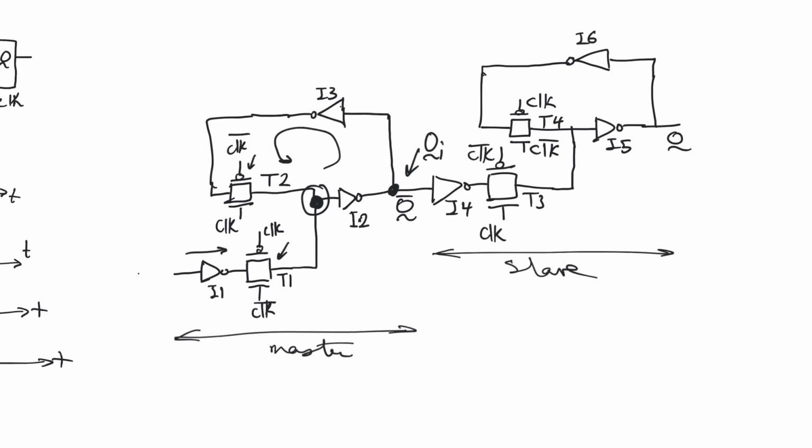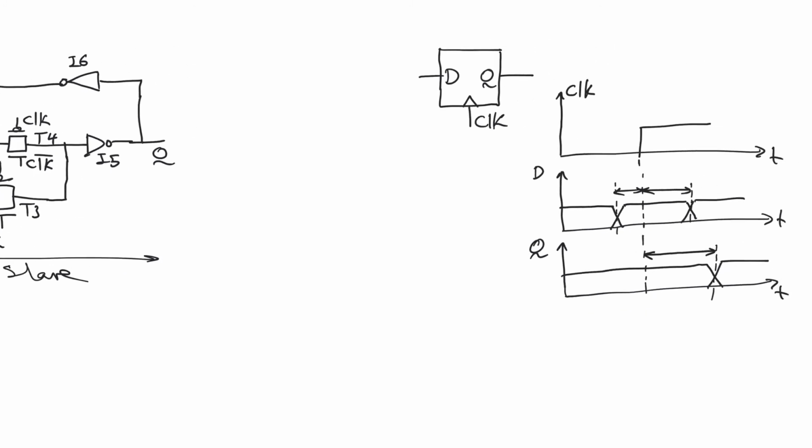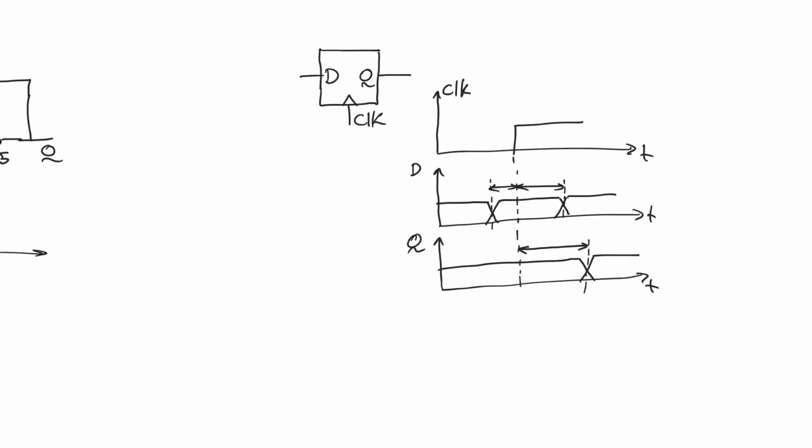Now, when we think about timing in sequential circuits, this is a complicated issue because sequential circuits have a clock. When we talked about delay in combinational circuits, it was simple because delay was defined as propagation delay, the amount of time that goes between the inputs changing and the output changing in correspondence.